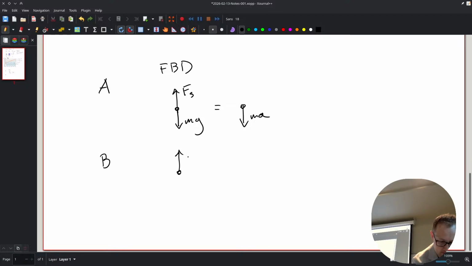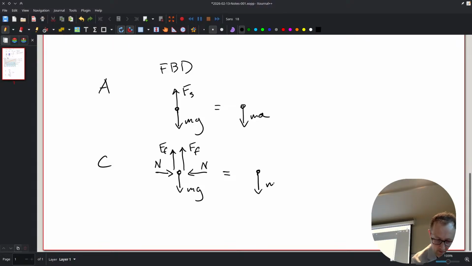I meant for the friction, for case C. What we said was there was a force of friction, some kind of normal, and then some mg, and all that was our acceleration going down.